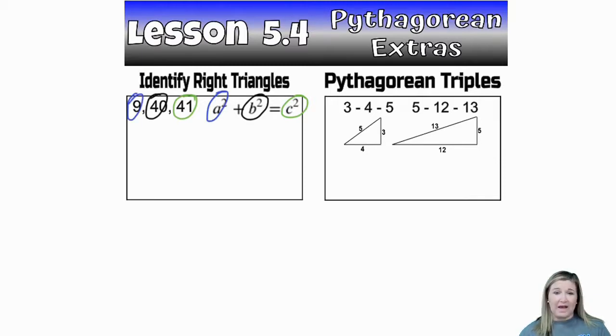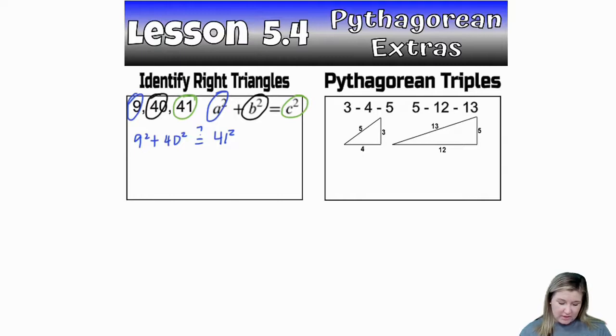Now I'm going to verify: is 9 squared plus 40 squared equal to 41 squared? What do you think? Get it in your head, yes or no? Let's check it out. I'm going to have 9 squared plus 40 squared, and I want to see, is that really equal to 41 squared? I don't want to say it's equal to; I'm trying to decide, is it?